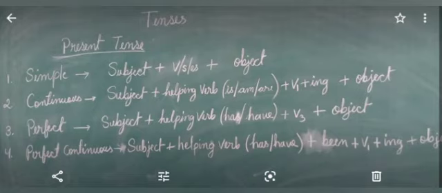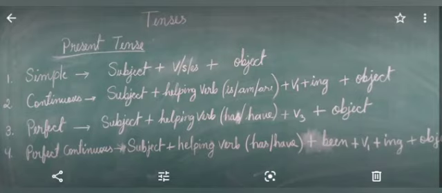First is your subject, that is the doer: I, we, you, Rahul, Seema, etc. Plus your helping verb, that is is, am, are. Then plus your verb in ing form plus your object.